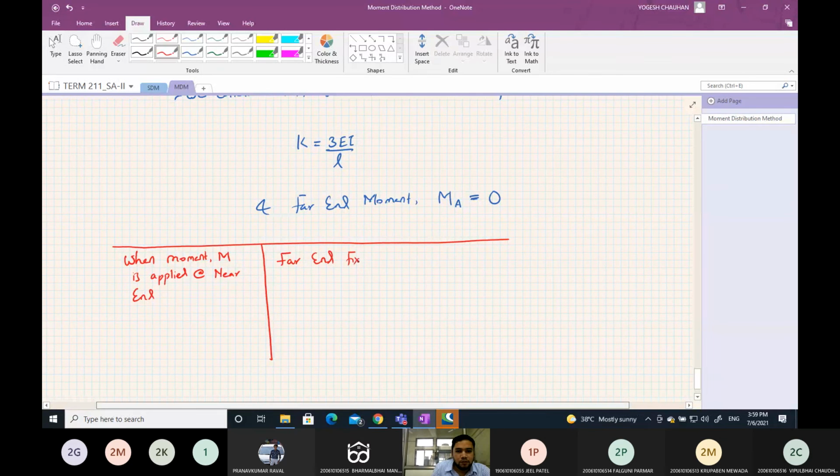When the far end is fixed, we consider two cases: far end fixed and far end simple.